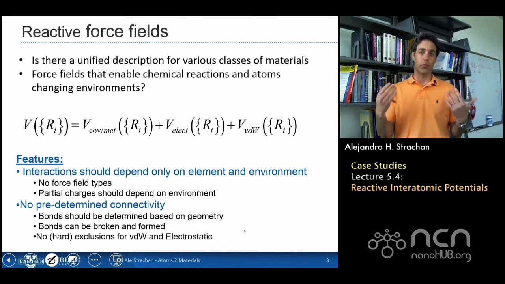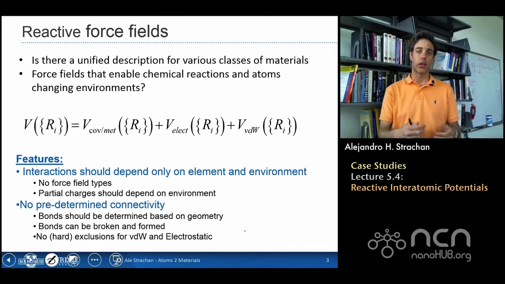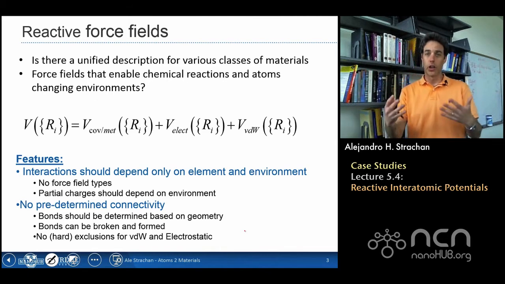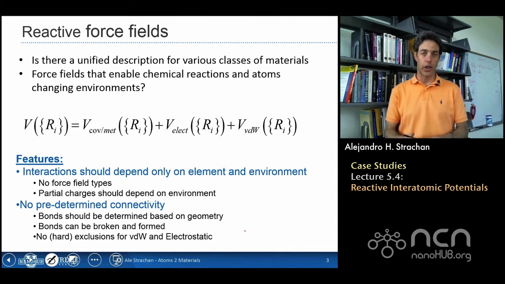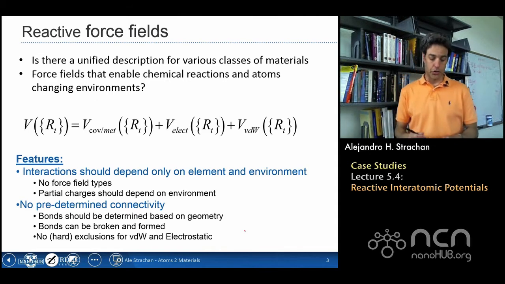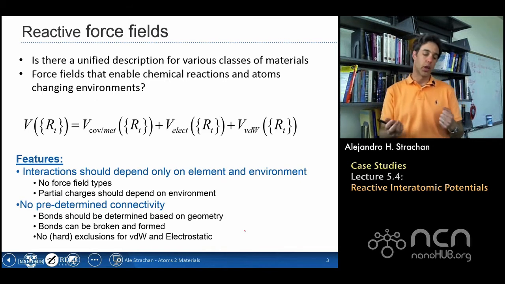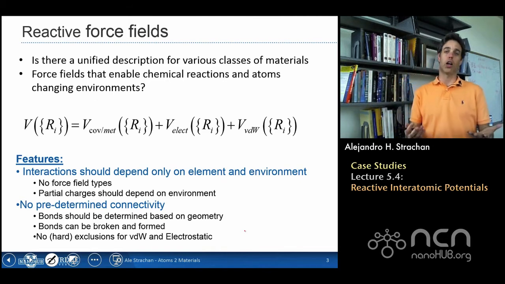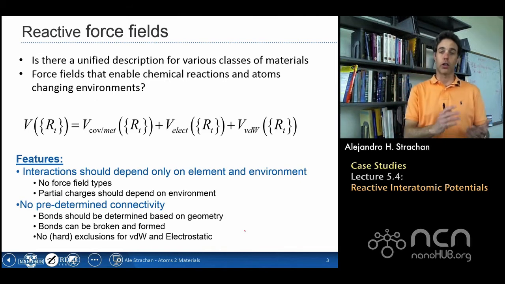And of course, I shouldn't predetermine the connectivity, because that needs to change. So the connectivity, the bonds and the angles, need to be computed on the fly as we do the simulation, so that bonds can be broken and formed. And that also means that I cannot have exclusions, at least I cannot have hard exclusions.